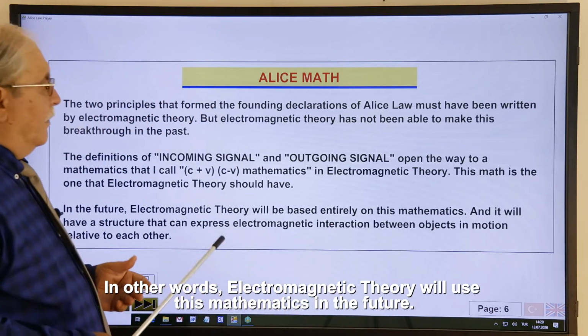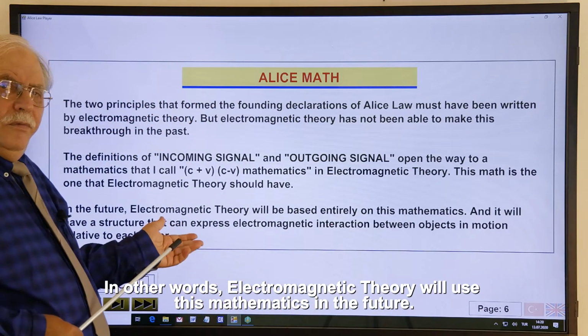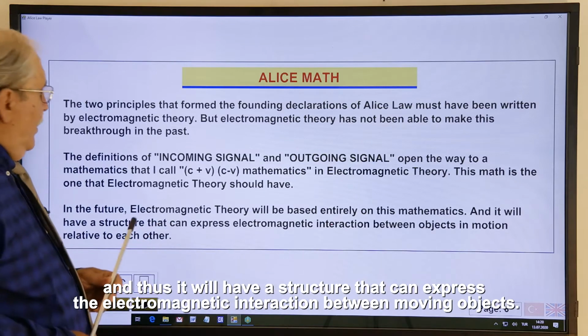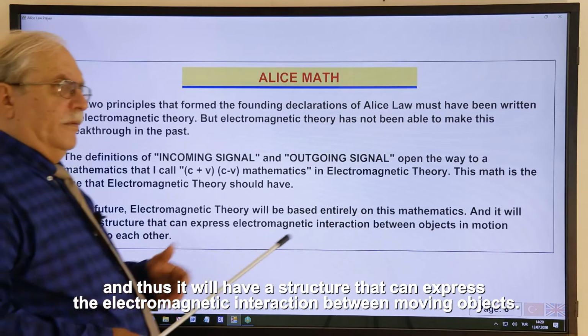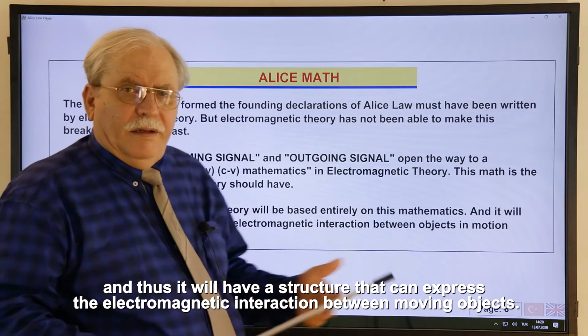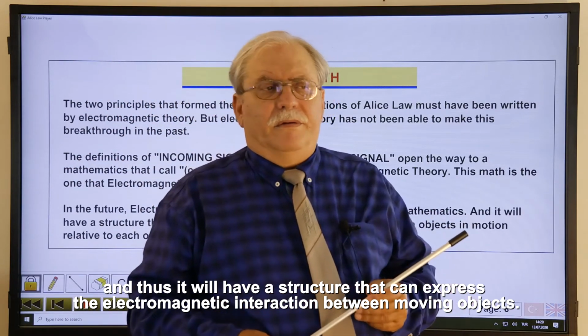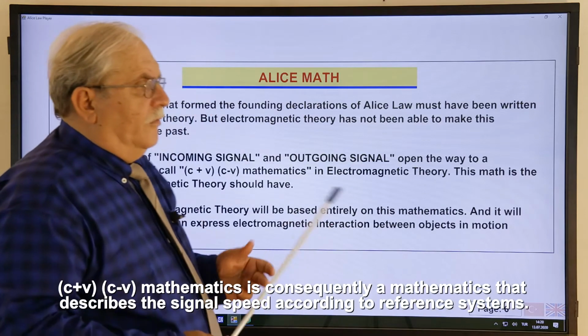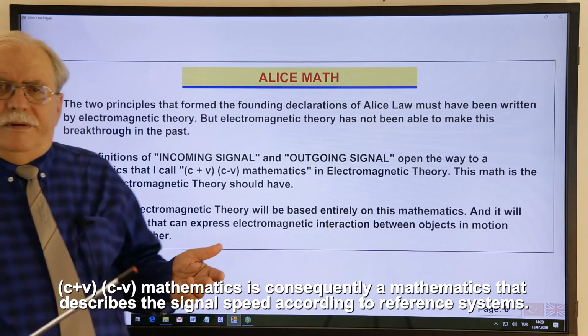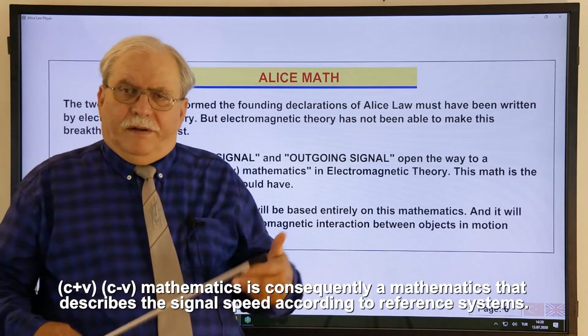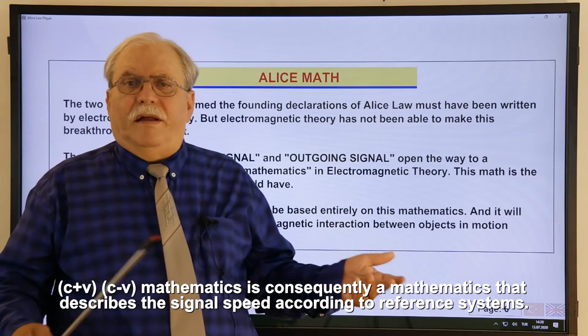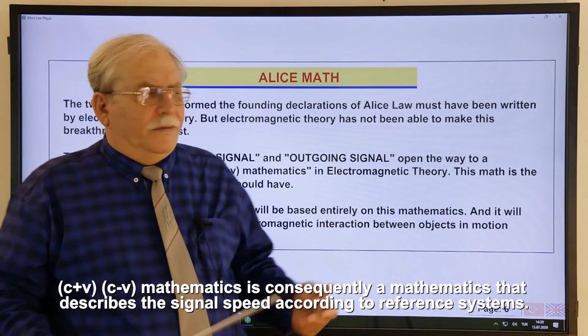In other words, electromagnetic theory will use this mathematics in the future, and thus it will have a structure that can express the electromagnetic interaction between moving objects. C plus V, C minus V mathematics is consequently a mathematics that describes the signal speed according to reference systems.